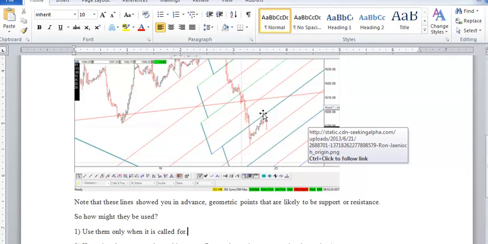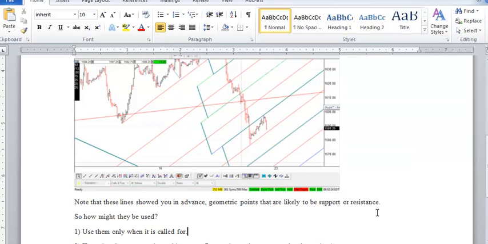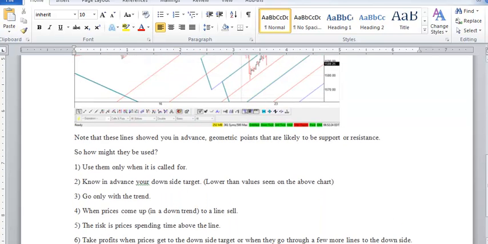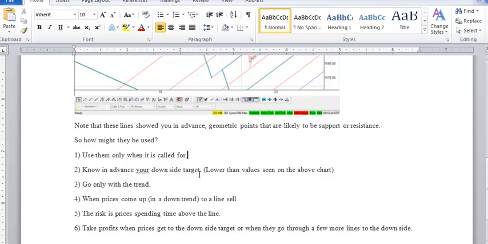If you're selling up here, your risk is that it may go up to here and then pop on through. In order to make that risk pay for itself, so to speak, you need to have a good distance to the downside to be able to profit from. So know in advance what your downside target is.